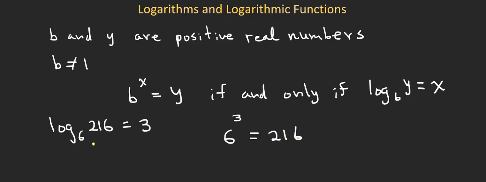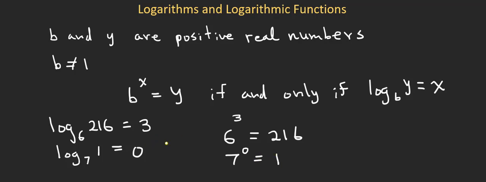So we just change the logarithmic to exponential. What if you have log base 7 of 1 equals 0? You could say that the base will be 7, the exponent is 0, and 7 to the 0 is 1.